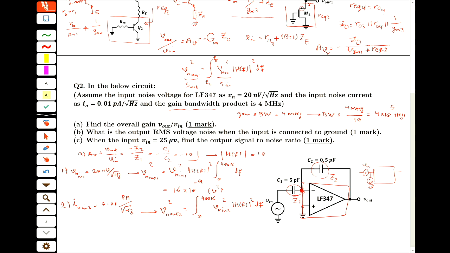Then this In is the current which is coming from this and passing through this capacitor here, which is C1.